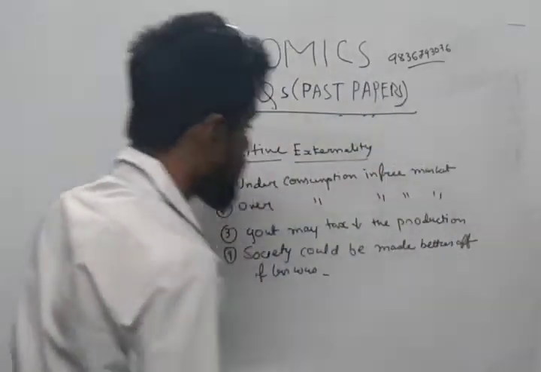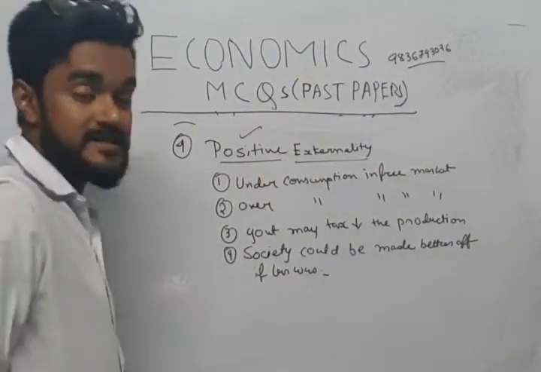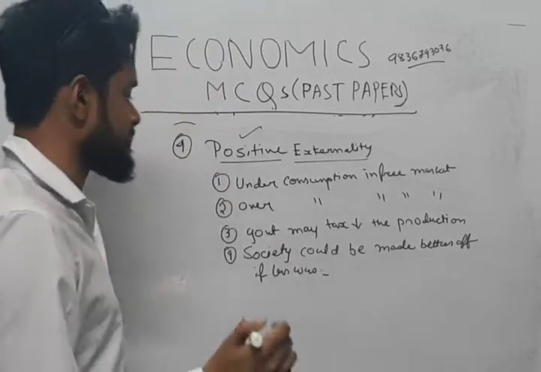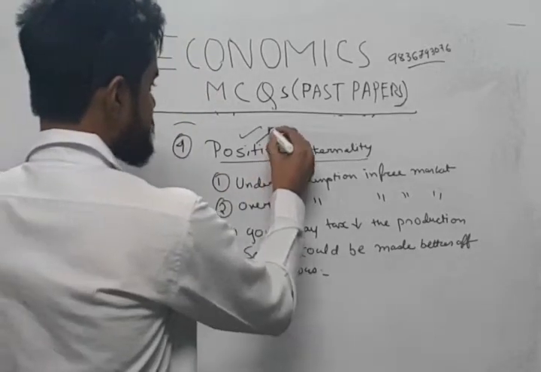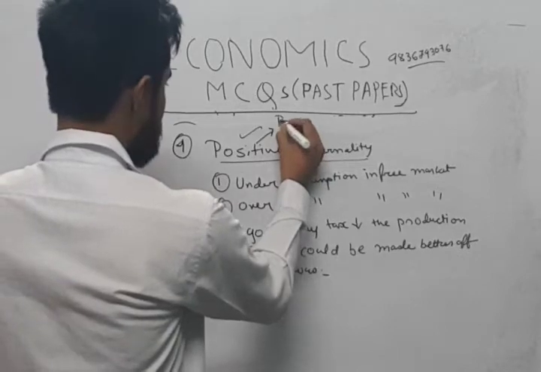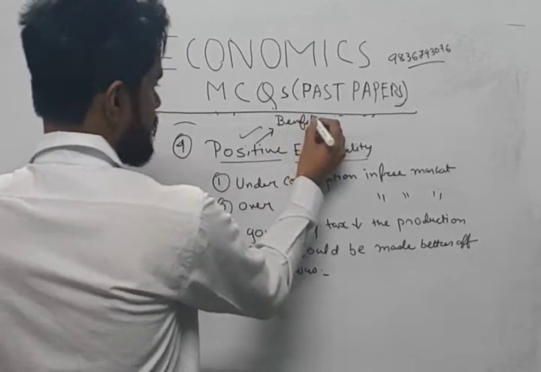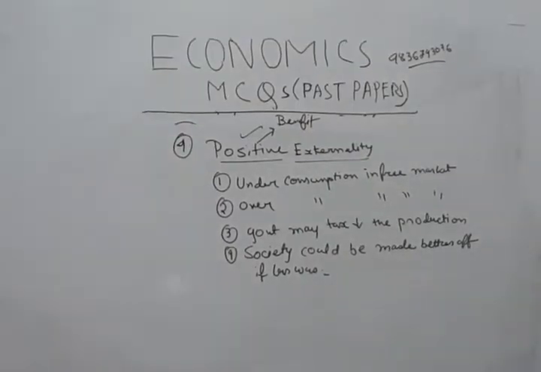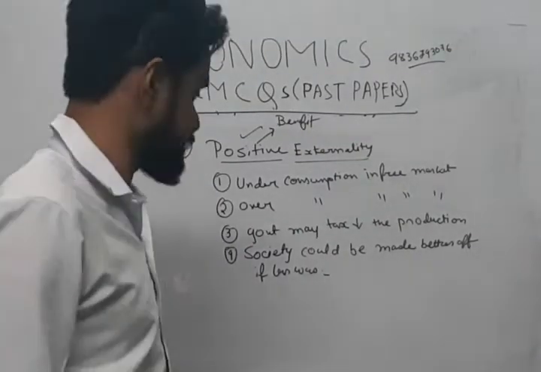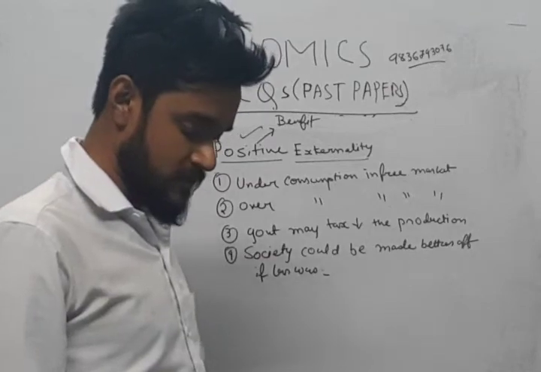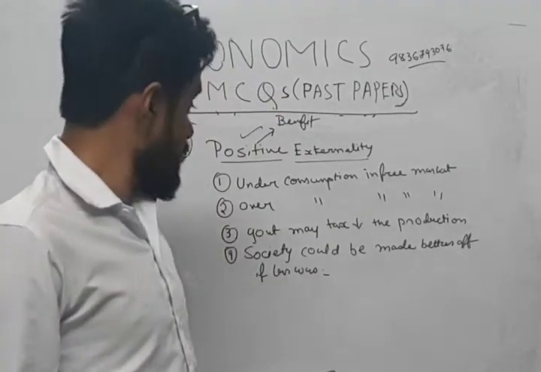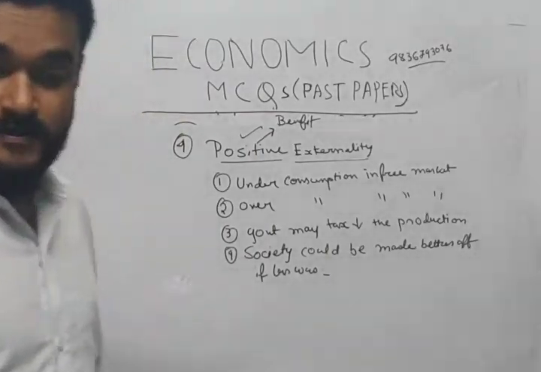So we know positive externality is basically a benefit enjoyed by firms due to external factors. So it is a benefit. So now we have come to the next part. So we know positive externality is what?